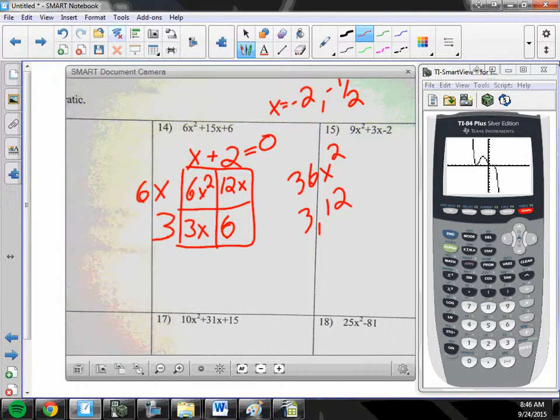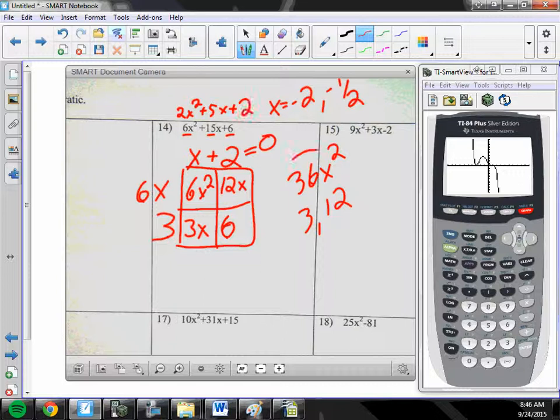Okay? Could I have made this problem easier to begin with? Well, if you look at these, do those share any numbers? We could divide by 3. If I divided by 3, then I would get 2x squared plus 5x plus 2.